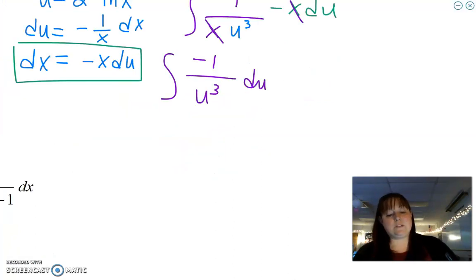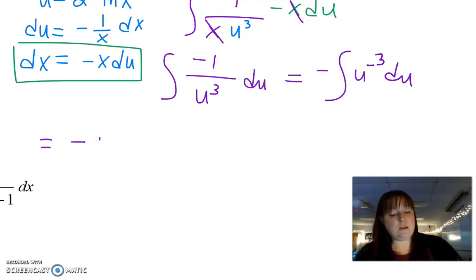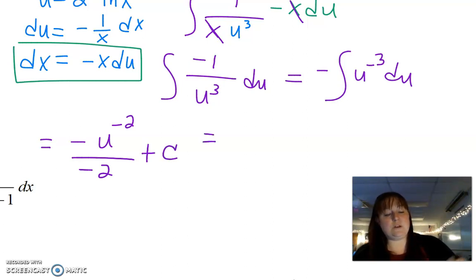Okay, now since there's a negative 1, I can pull that outside my integral, so that's negative 1 times the integral of, and I'm just going to rewrite this as u to the negative 3 du. And then I can go ahead and integrate that, and that would be negative u to the negative 4, not negative 4, sorry, negative 2, see I made that mistake, over negative 2, but we add 1 to negative 3, which gives us negative 2, plus c, and so negative over negative gives me a positive, so I have u to the negative 2 over 2 plus c.